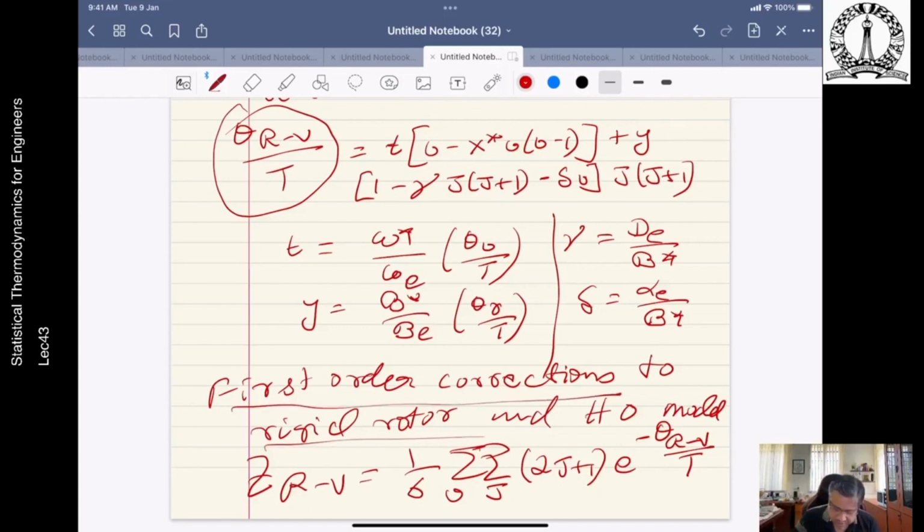These are all first order corrections to the rigid rotor and the harmonic oscillator model, and this is what we are going to use to calculate the remainder of the parameters. We will see how this can be employed to find stuff like entropy and, once again, the internal energy. So this is the procedure that one should follow when you go for a rigorous model.